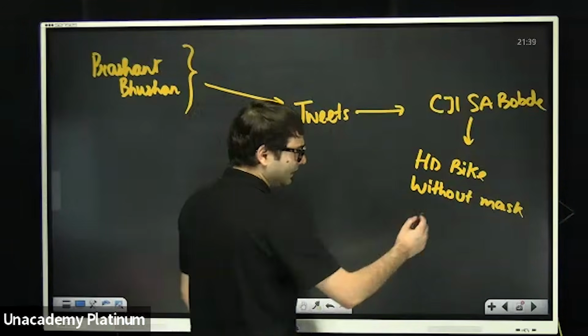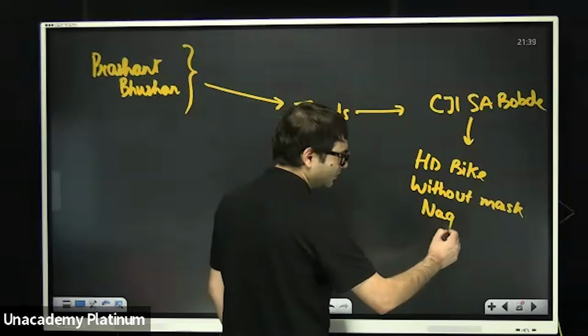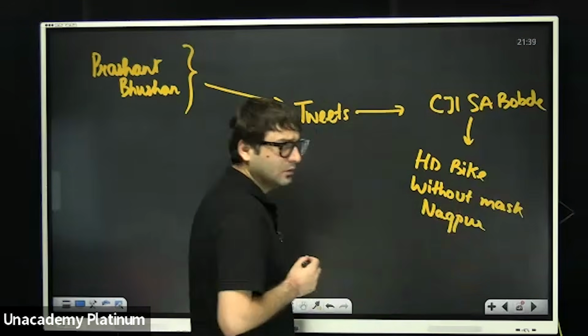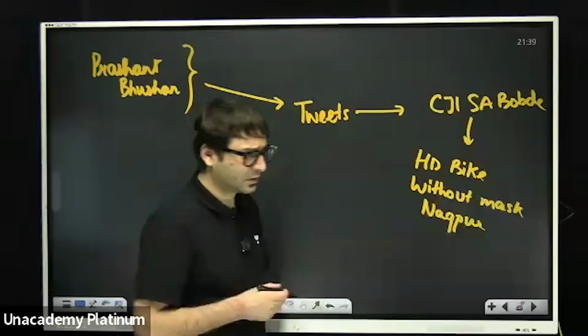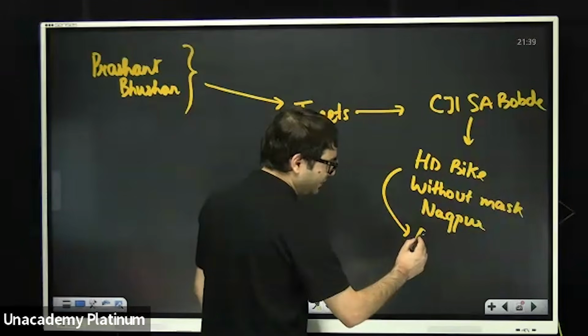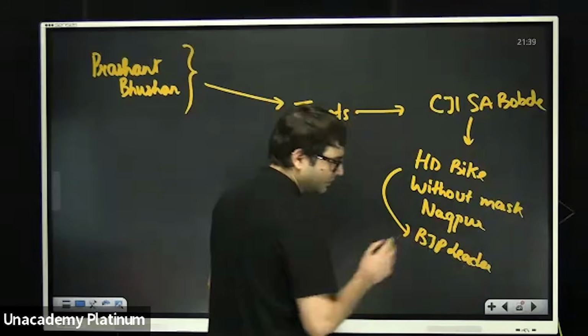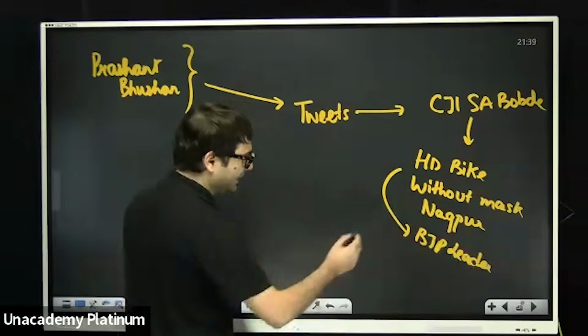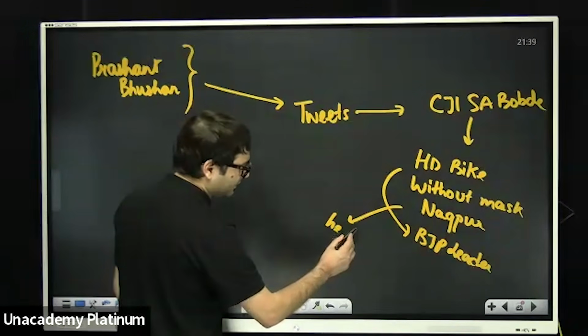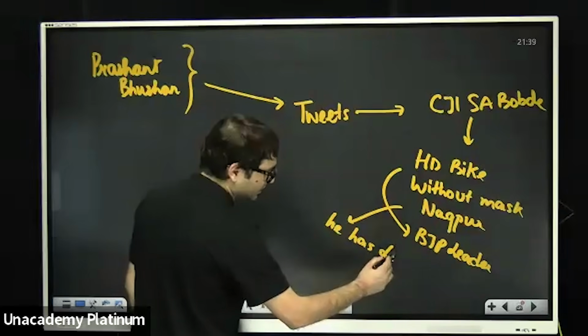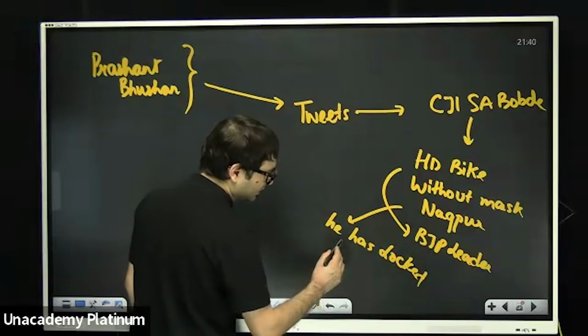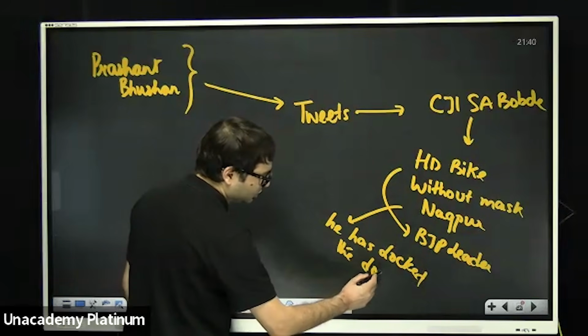So what? At Nagpur. So what? And this bike belongs to a BJP leader. So what? At a time when he has locked the doors of Supreme Court.